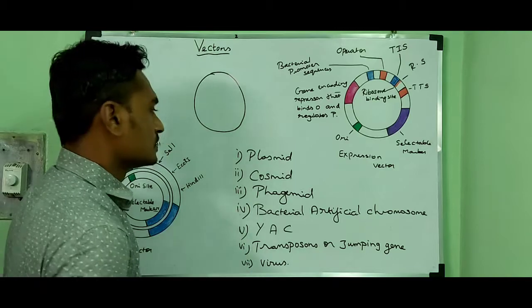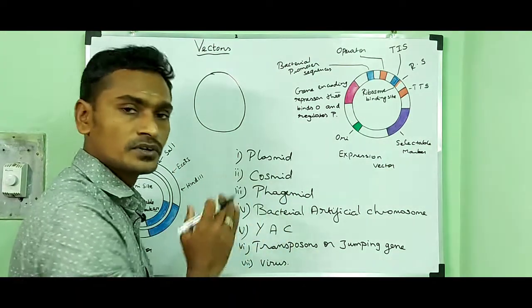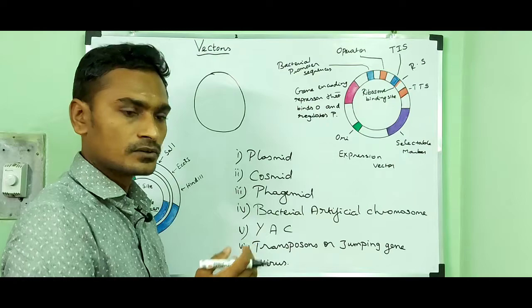So these are some of the types of vectors which are used in gene cloning experiment.